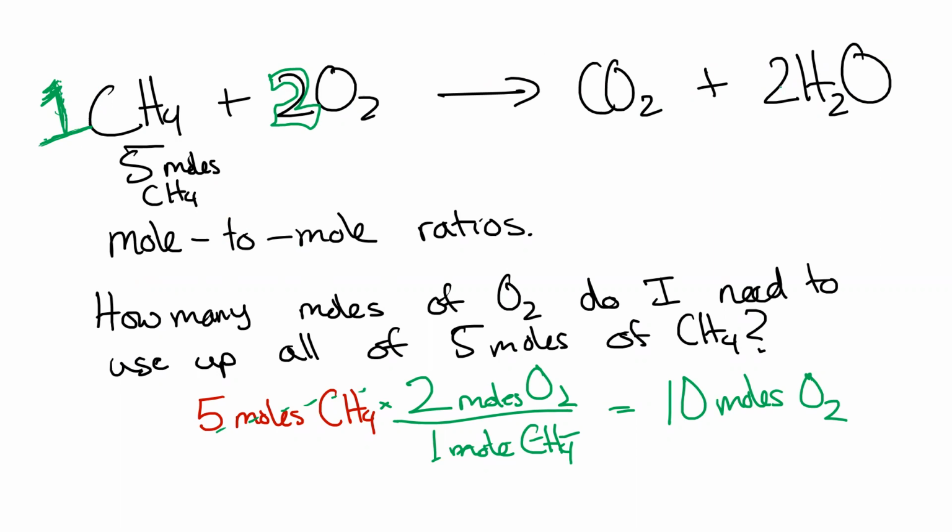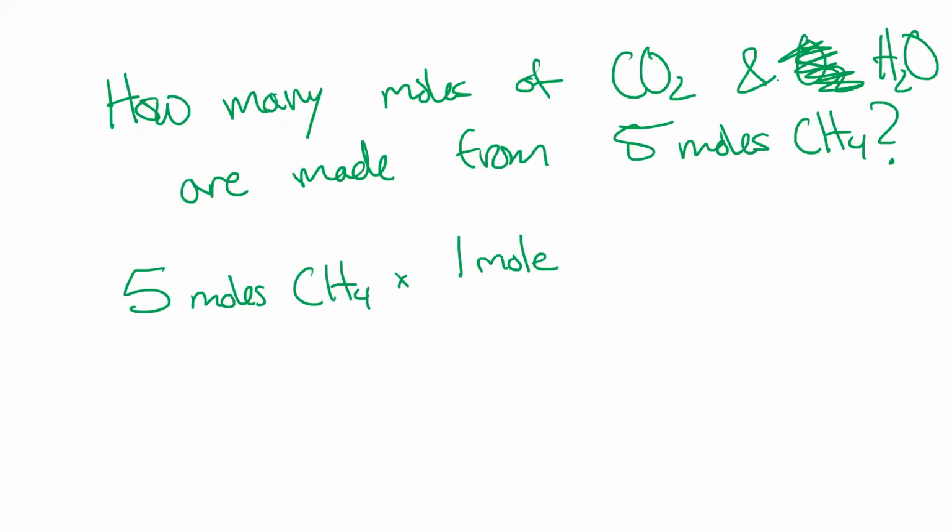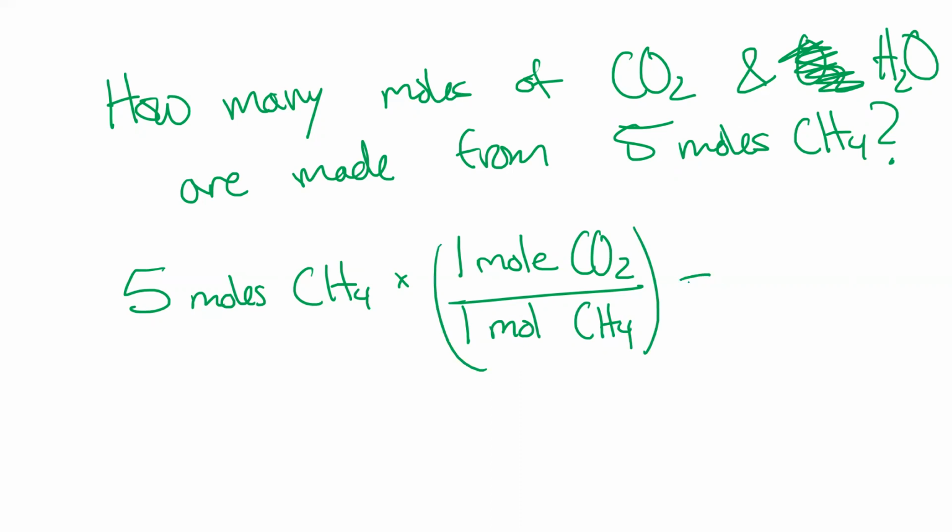That's what this equation tells us. Okay? So we have ratios that give us 1 mole of CO2 to 1 mole of CH4 coming from the balanced equation. Units cancel, and you're left with 5 moles of CO2.